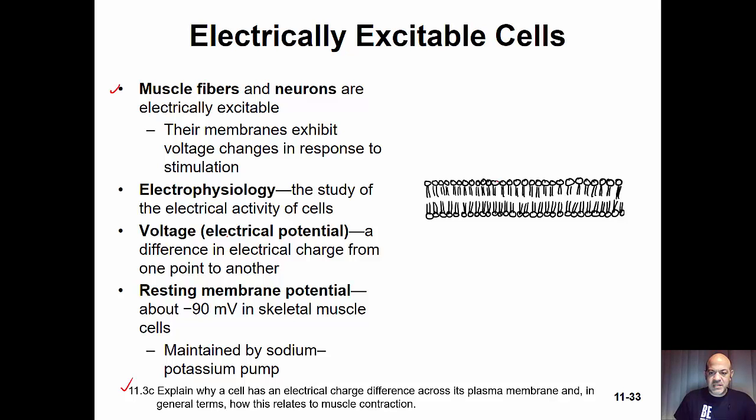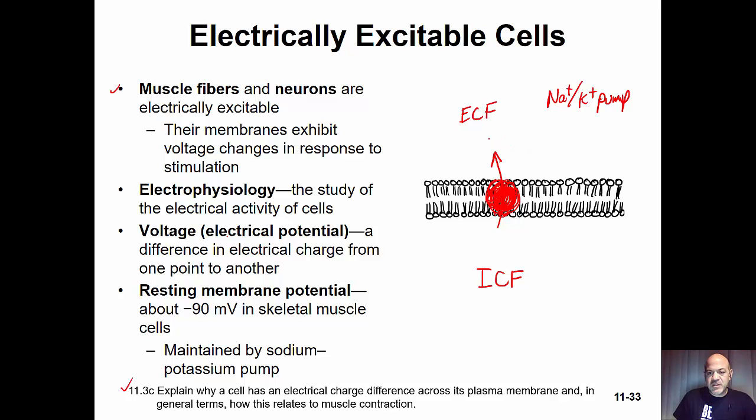This charge is going to be maintained by a special membrane protein called the sodium-potassium pump. This pump runs on ATP, so it requires energy. This, by the way, is the intracellular fluid, and here's the extracellular on the outside.